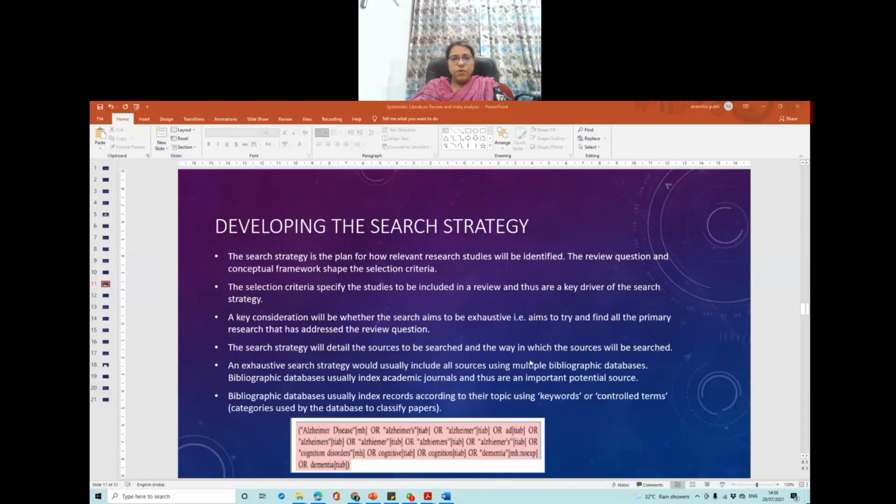They have different Boolean terms which are used along with the subject terms. For example, we want each and every study which assesses technology and education.